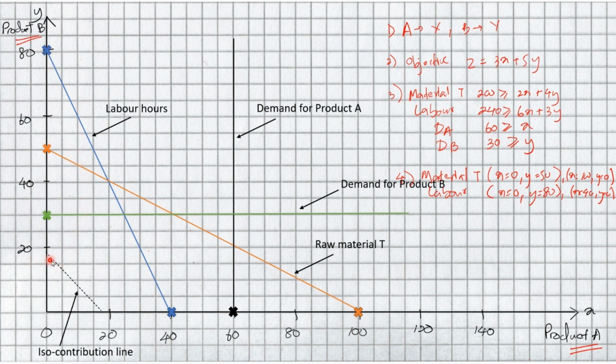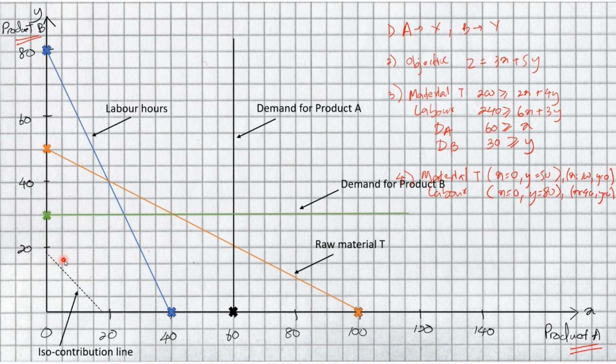So let's move further. There is a point. Is this a feasible point? Yes, it is, because this point does not exceed any line. Is this a feasible point? This is not a feasible point because this point exceeds this line. And is this a feasible point? This is also not a feasible point because this point exceeds this line.